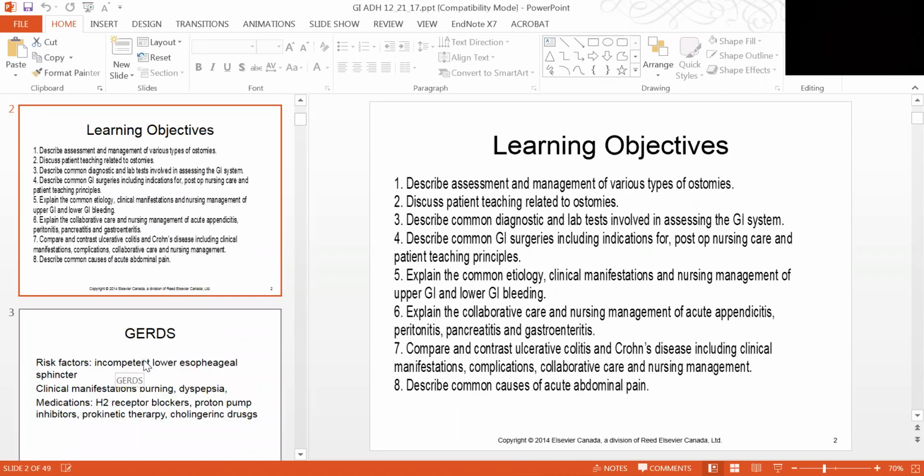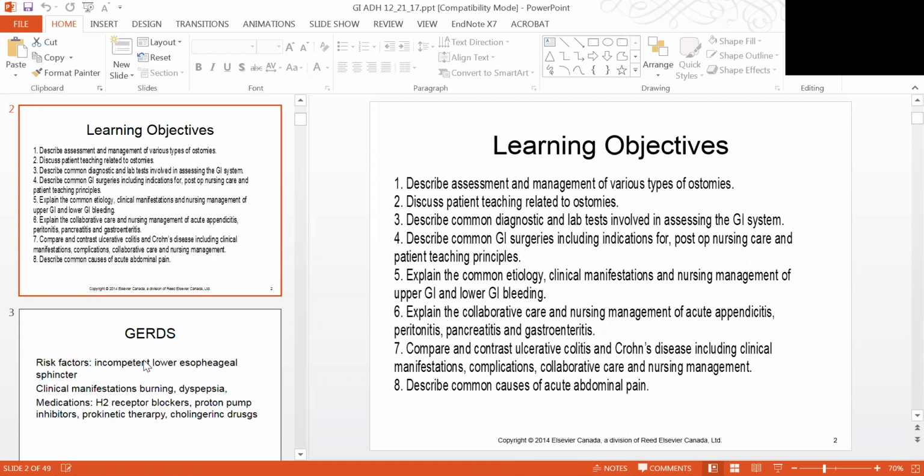The learning objectives for this session will be: describe assessment and management of various types of ostomies, discuss patient teaching related to ostomies, describe common diagnostic and lab tests involved in assessing the GI system, describe common GI surgeries, including indications for post-op nursing care and patient teaching, explain common etiology or causes, clinical manifestations and nursing management of upper and lower GI bleeding, explain the collaborative care and nursing management of acute appendicitis, peritonitis, pancreatitis, and gastroenteritis.